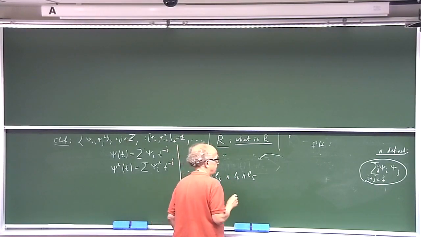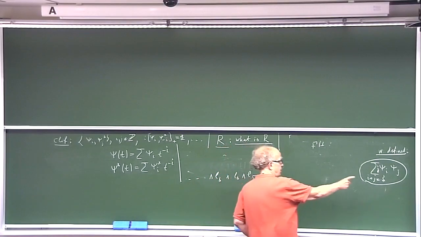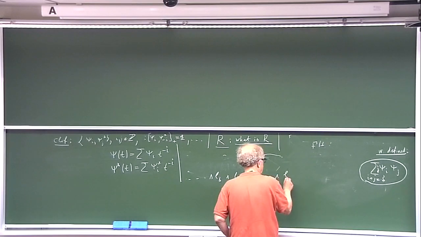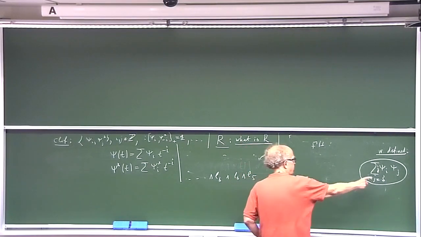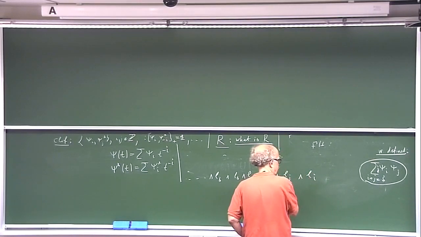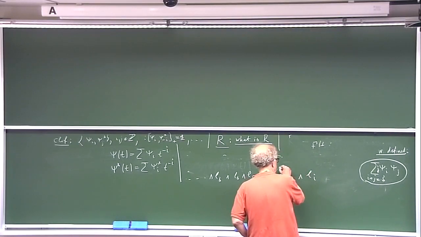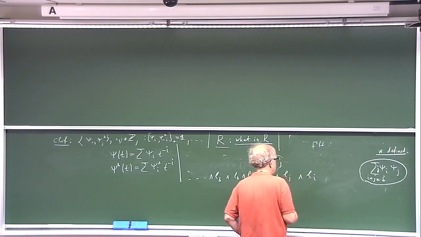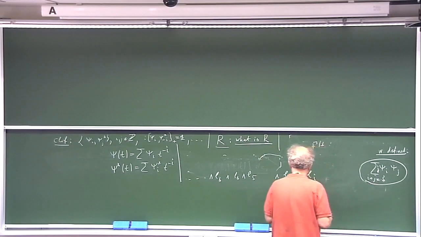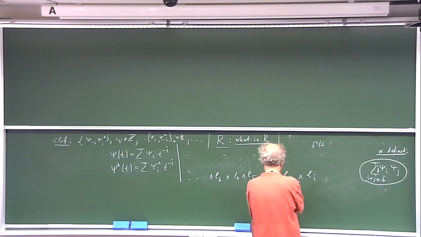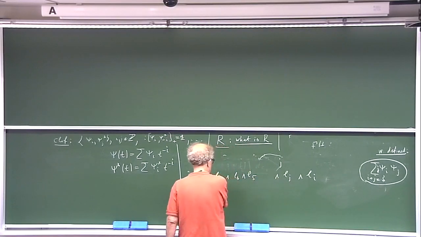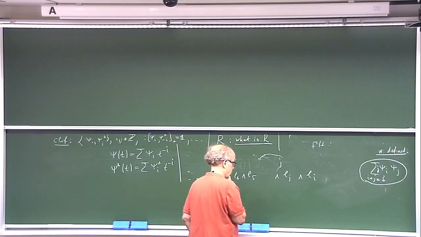So the operator psi j, as I said, is doing like this, and the operator psi i is doing like this, and we have coefficient j here, and then we sum up with i plus j. But if j is big enough, then the product of these two semi-infinite things is 0.